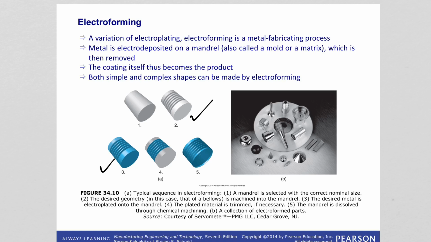So this includes electroplating first, and then the plated material is trimmed if necessary. Let's say you want a certain shape, you can trim it, and then the mandrel is dissolved with some chemical machining, and then you obtain the part. So here we see examples of parts that are formed with electroforming. So basically this is a fabrication process.